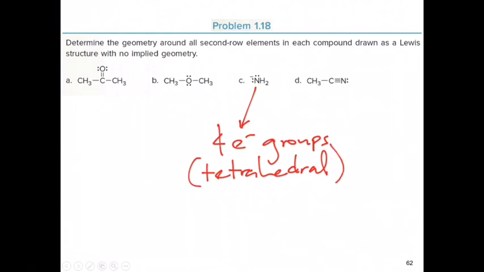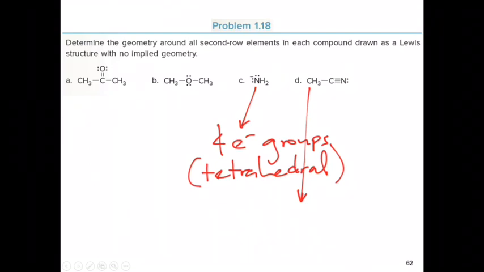And finally, we have this one right here, a CH3 bonded to a carbon, and this carbon is triple bonded to a nitrogen with a lone pair of electrons. So this carbon here has 3 hydrogens single bonded to the carbon and another single bond to another carbon.